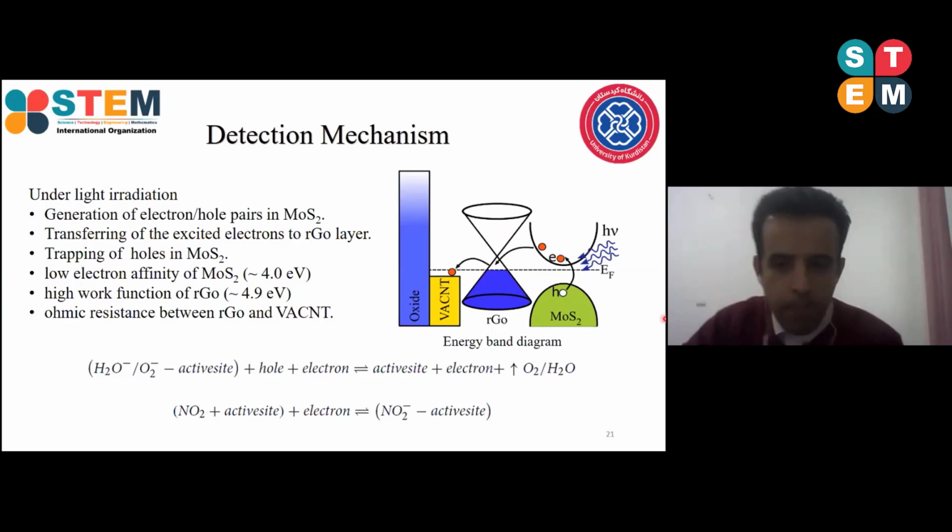But when the sensor is irradiated by laser, electron-hole generation causes these active sites to be released, and we have free active sites that can now react with the nitrogen dioxide molecules.